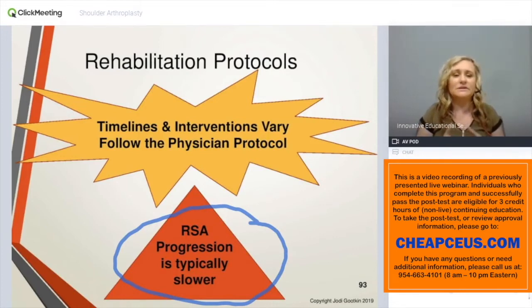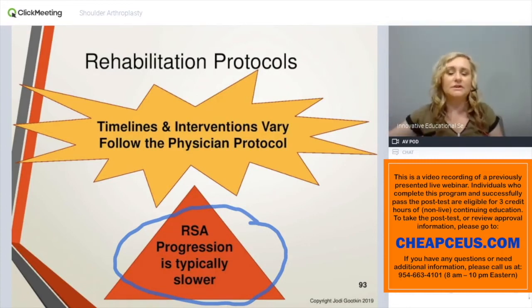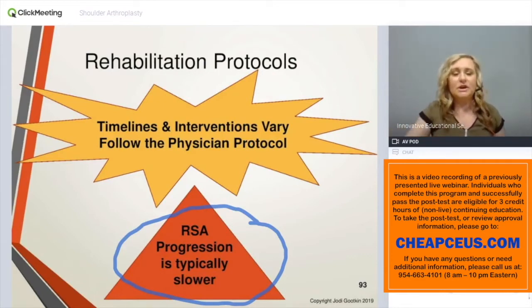It's not like there's a magic exercise to perform at a certain week that makes your patient successful. But we tend to start seeing different consistencies emerging. So what we're going to take a look at is what I found from my research, looking at different protocols that are out there.